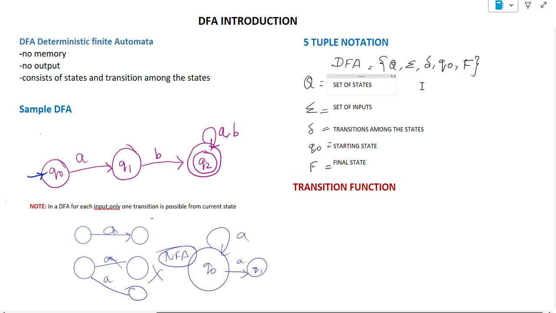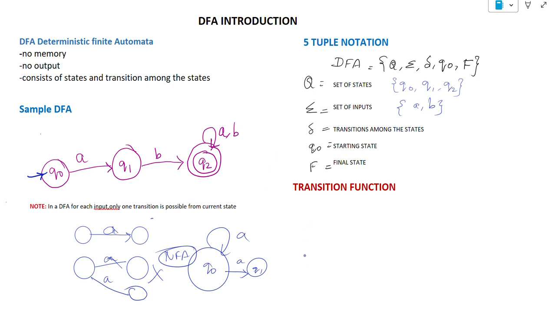In this example, the set of states Q are Q naught, Q1, and Q2, and the set of inputs used here are A and B.